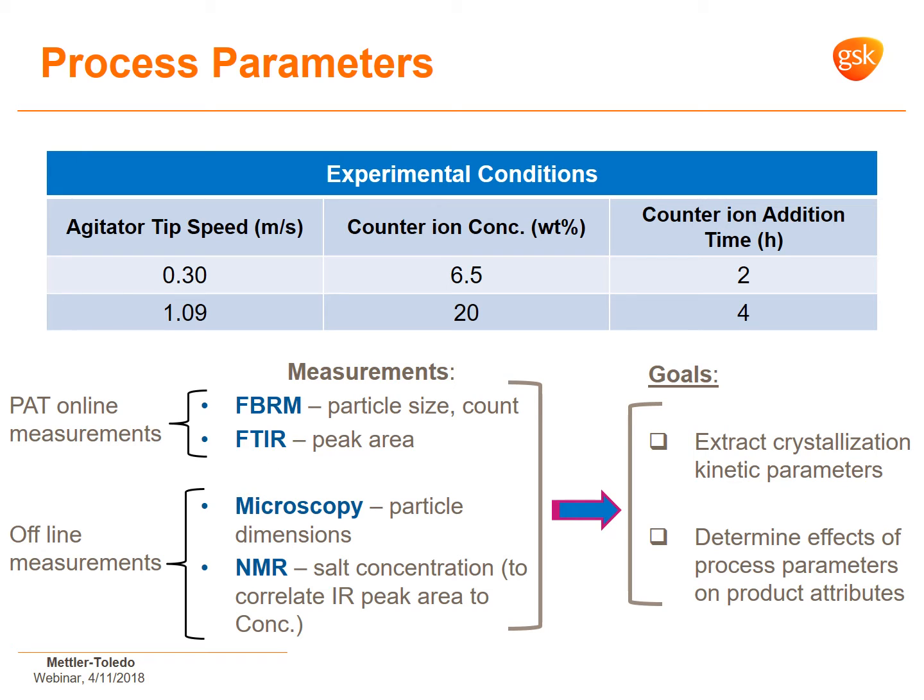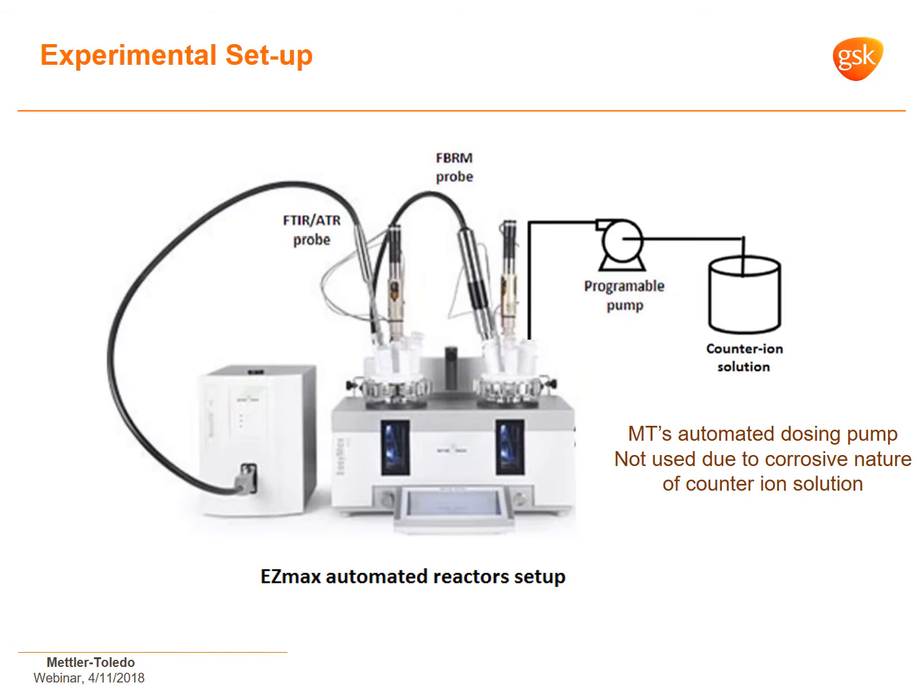And we have some offline measurements also, where we use microscopy to determine the size in 2 dimensions. We use NMR to determine the concentration of the salt, and this is used to correlate the FTIR peak area to the salt concentration. As I said, the goal is to extract the crystallization kinetics and determine the effect of parameters on product attributes. This is the experimental setup, very familiar, the EasyMax.